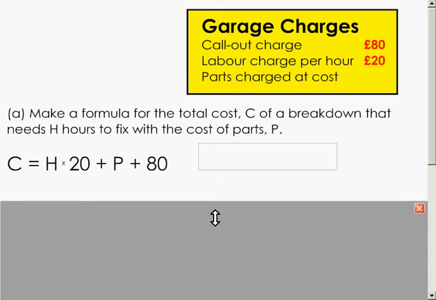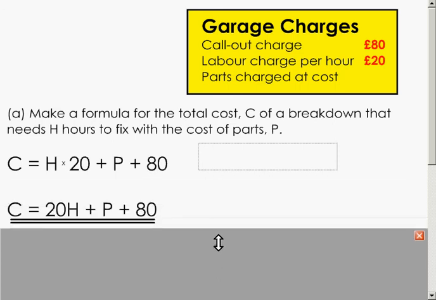So our formula is C equals 20H plus P plus 80. The total cost of the breakdown is the number of hours multiplied by £20 plus the cost of parts P plus the call-out charge of £80.